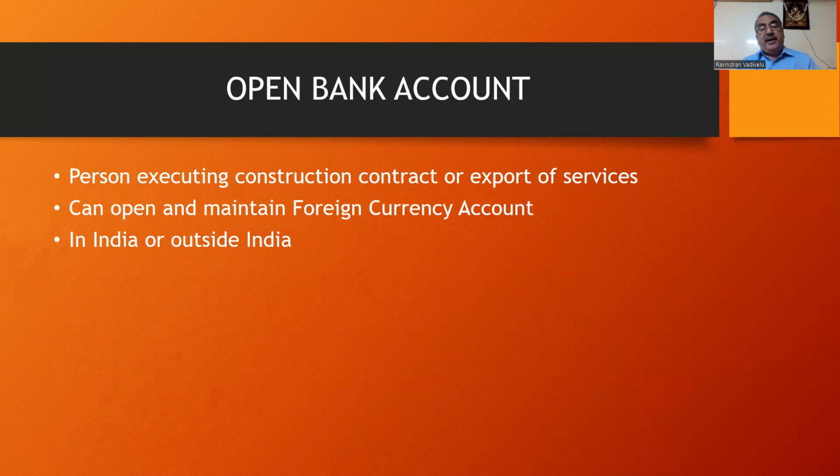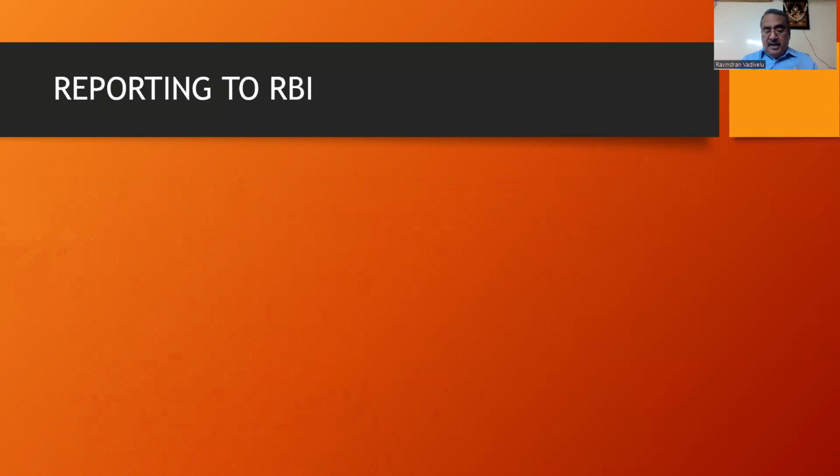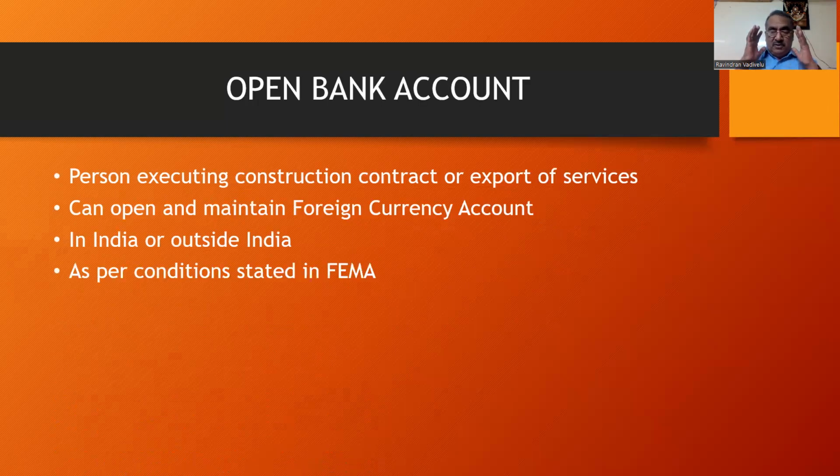This account can be opened in India or outside India, as per the terms stated in FEMA. And this is very, very important. RBI has clearly stated that anybody who wants to do export of services or export of projects is eligible to open a bank account outside India as well as in India, in the form of a foreign currency account.